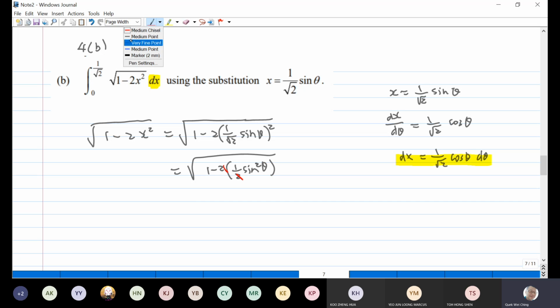So this becomes the square root of 1 minus sine squared theta. Of course, you know the trigo formula, 1 minus sine squared is the same as cosine squared. You need quite a lot of trigo to back you up to do this. Take the square root of cosine squared, of course, it's cosine theta.